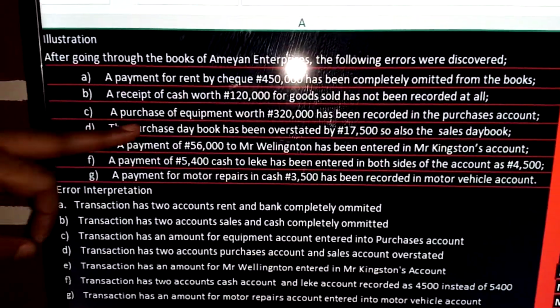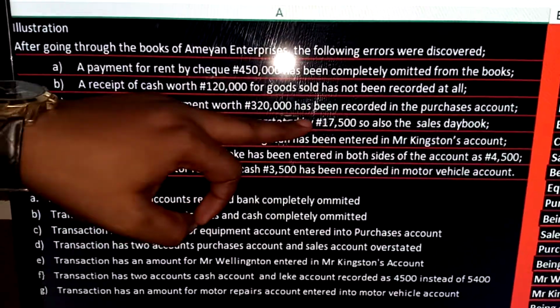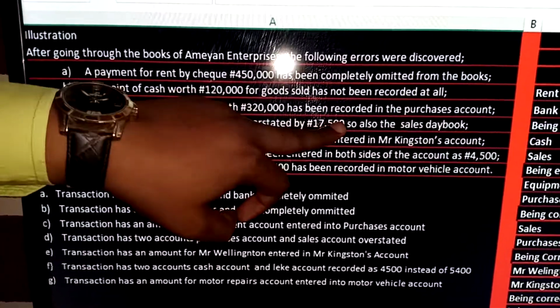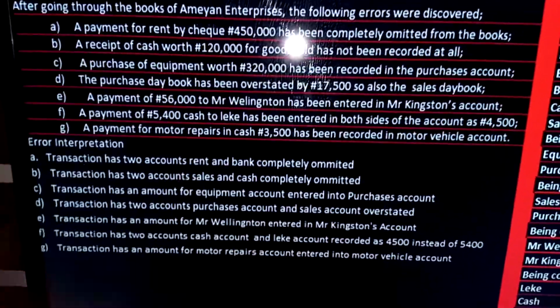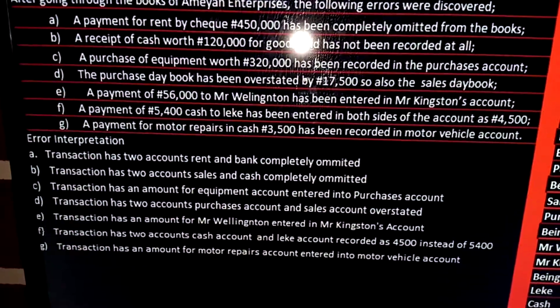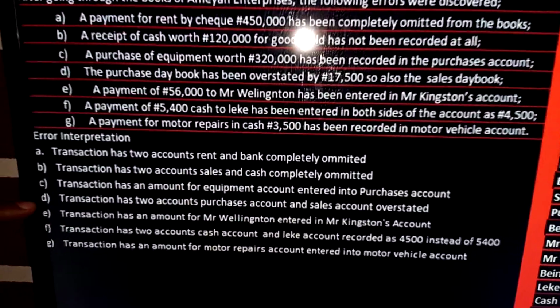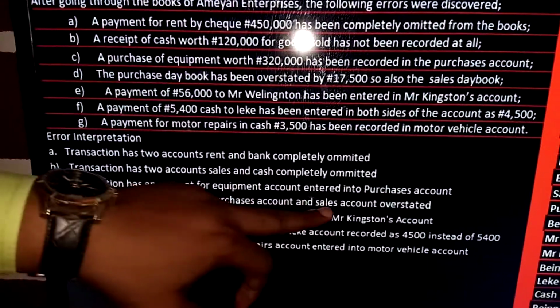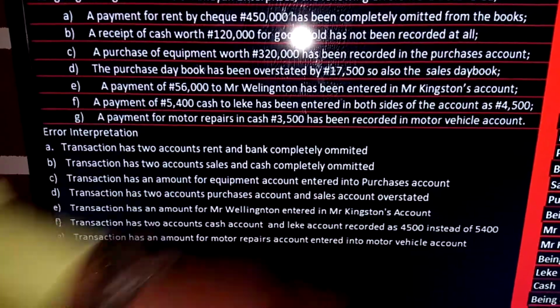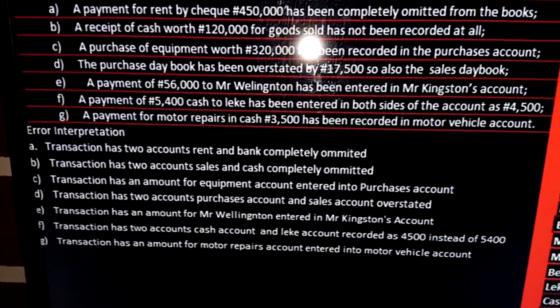The next one. D says the purchase day book has been overstated by 17,500. So also the sales day book. Let's interpret that now. The transaction has two accounts, purchases account and sales account, overstated. So they are telling you that the purchase account is overstated.